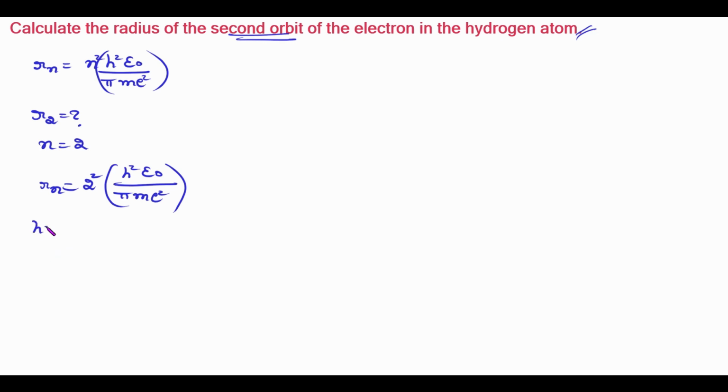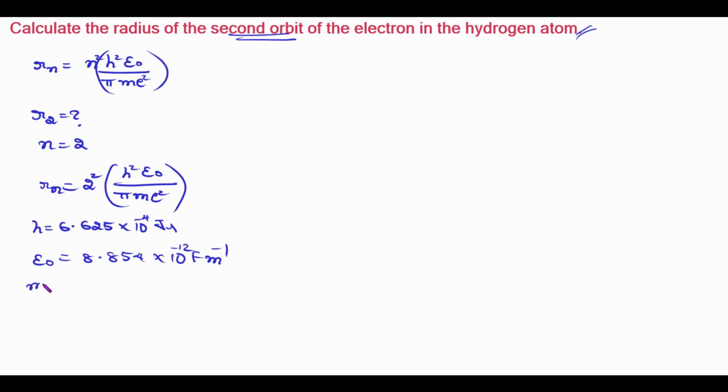The value of h is 6.625 into 10 to the power of minus 34 joule second. Then the value of epsilon naught is 8.854 into 10 to the power of minus 12 farad per meter.